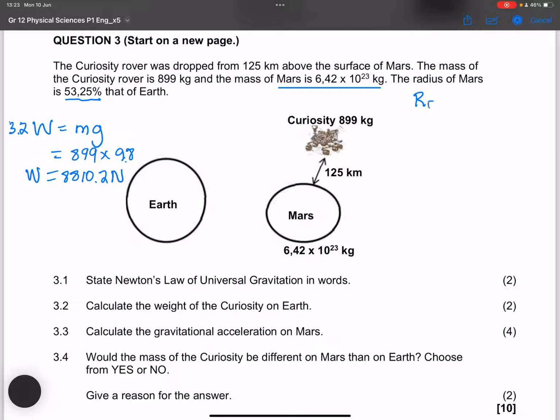Please remember, the radius of the Earth is 6.38 times 10 to the exponent 6. Which means that the radius of Mars would be 53.25 over 100, and please remember, that's a percentage, multiplied by that value 6.38 times 10 exponent 6. So let's try and find that radius.